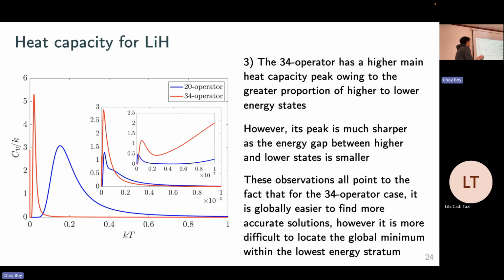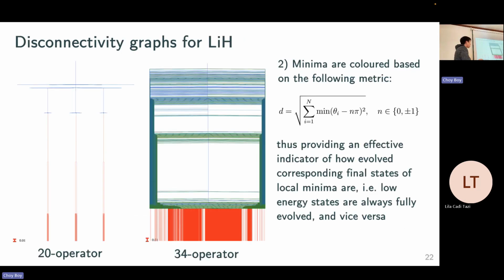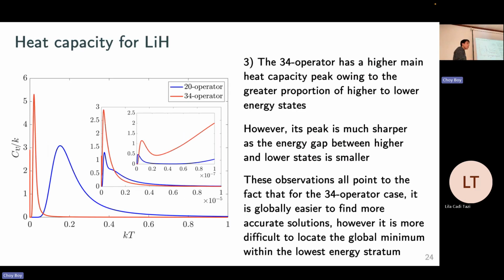The main peak you see over here is the transition between this lower neighborhood and all of these minima with higher energies. For the heat capacity, effectively you take each of the solutions, each of the energies, and weight it as if it were one of the microstates.